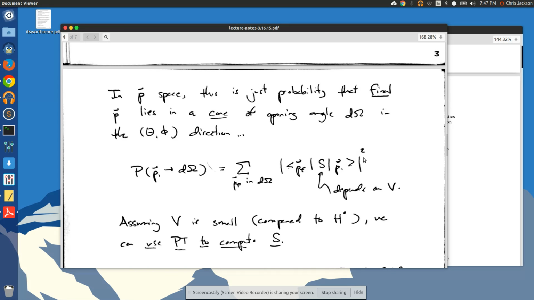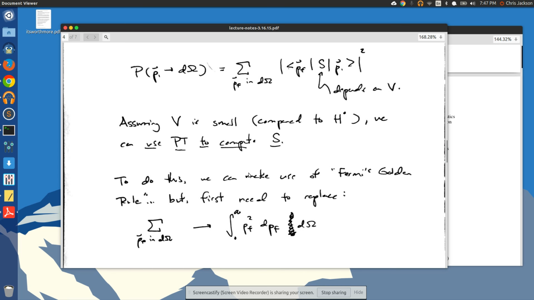So we're computing a probability, and so we wouldn't have only one momentum. We basically sum over all the momenta vectors that enter that detector.